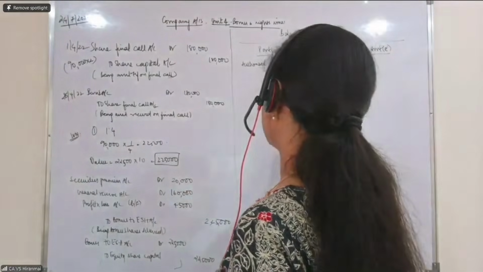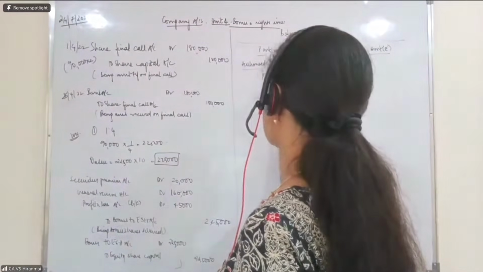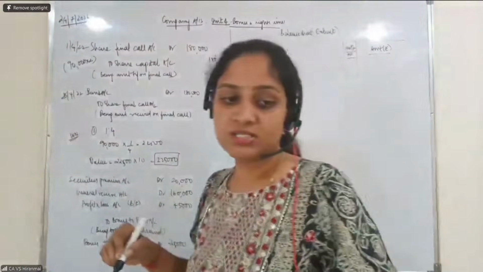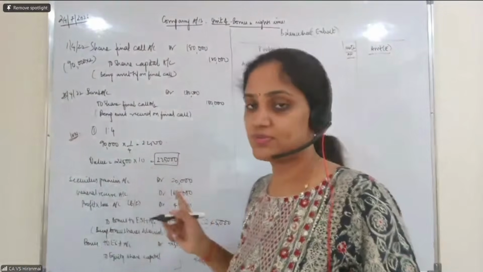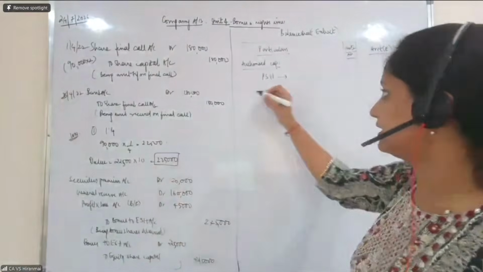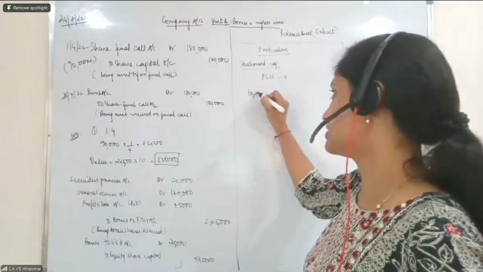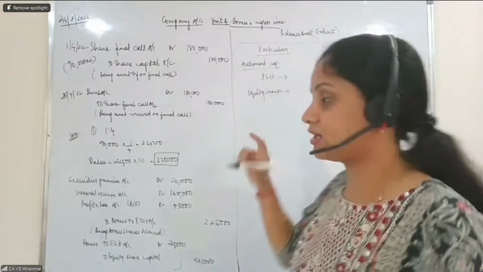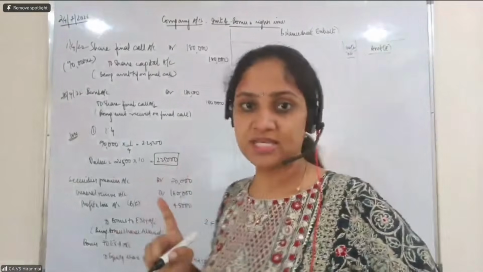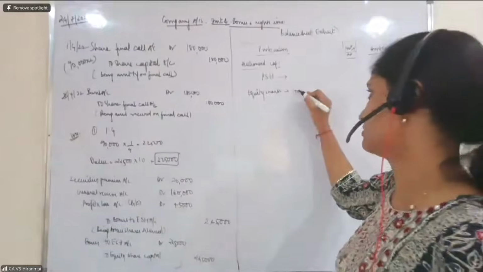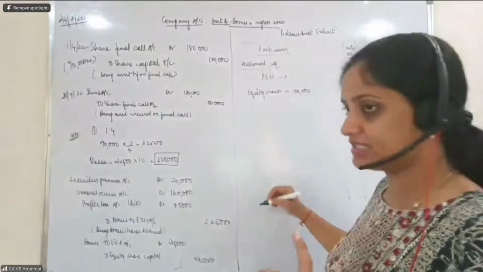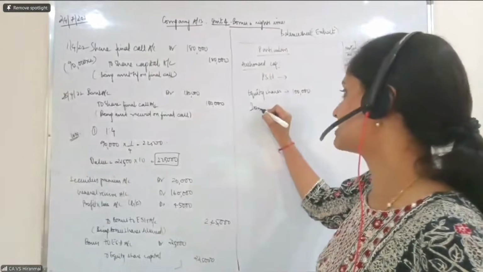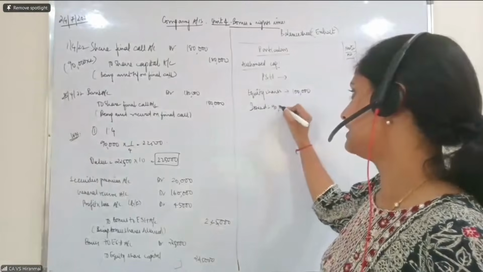Authorized capital: whatever is for preference shares, write it as it is. What is it? 10,000 12% preference shares of rupees 10 each you are going to write. But when it comes to equity shares, please remember, my dear students, the authorized capital of equity shares given in this question is 1 lakh shares. But see here, issued shares you have is 90,000.